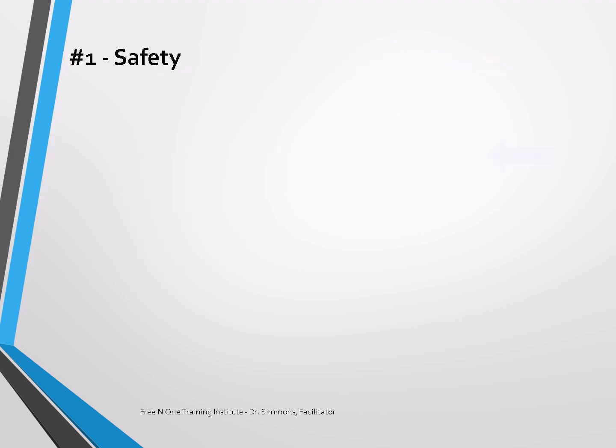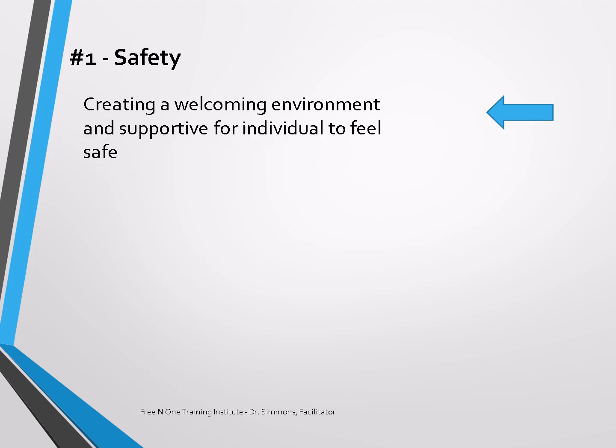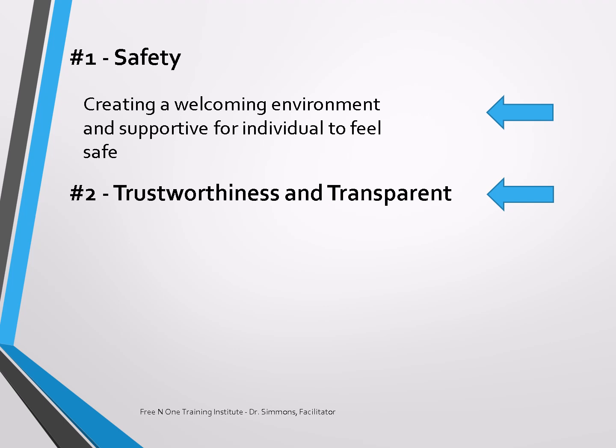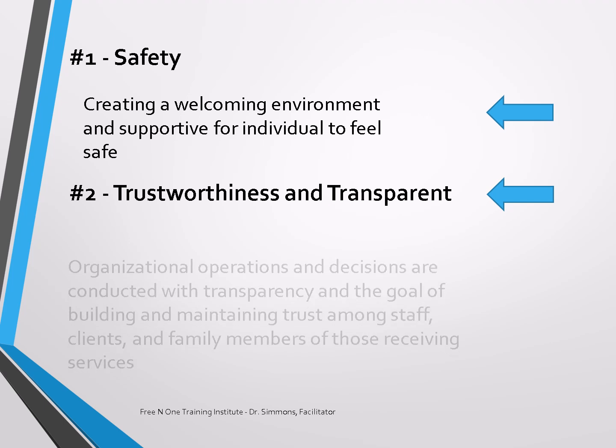So let's discuss safety. With safety, just provide to the person or persons a warm environment, a support for the individual to feel safe. Don't stand over them. Don't get too close if it's a person that you've just met, but create a warm environment for them. Then be trustworthy and transparent. How do you show being transparent?